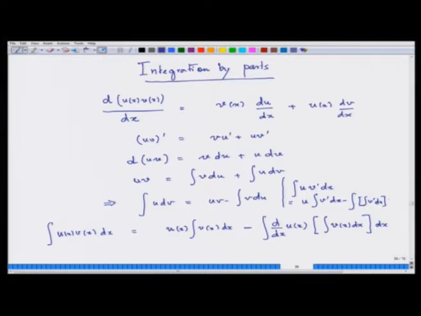Du is what? It is u dash dx, so u dash is nothing but du by dx. So, this is the formula which I was taught by my teachers without giving any reason, and it comes out simply from the product formula, which is very simple to show, for how to take the derivative of the product of two functions.